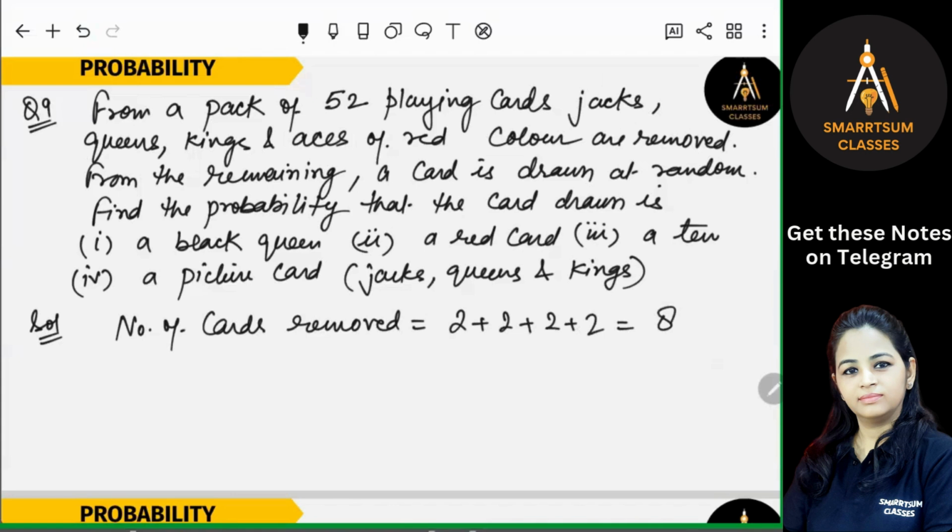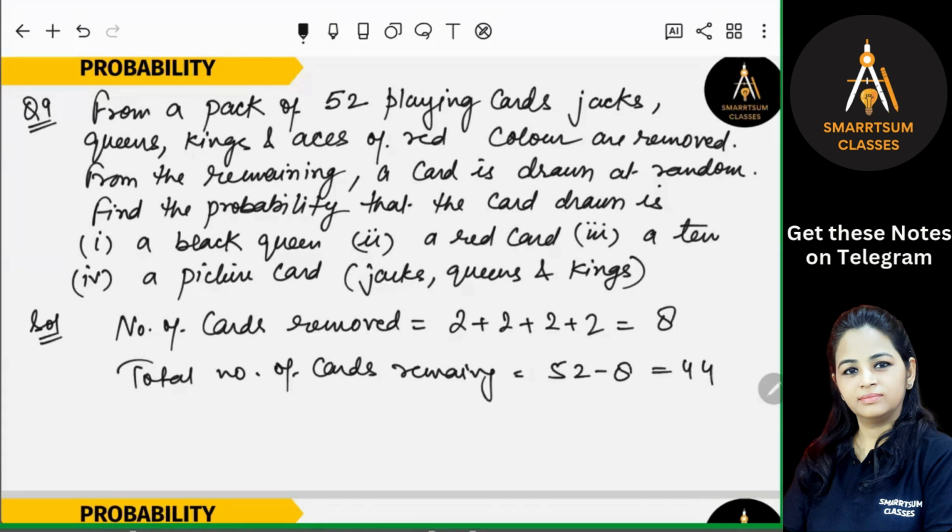Total 8 cards have been removed from the 52 playing cards. Right? So now what is the total number of the remaining cards? Because when you have removed these cards, now 52 cards are not there in the deck. There are fewer. So the total number of cards remaining will be 52 minus 8. That is 44.